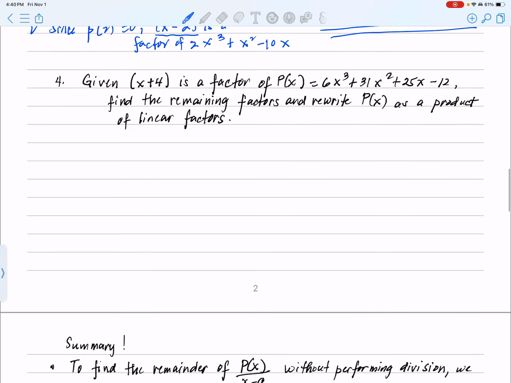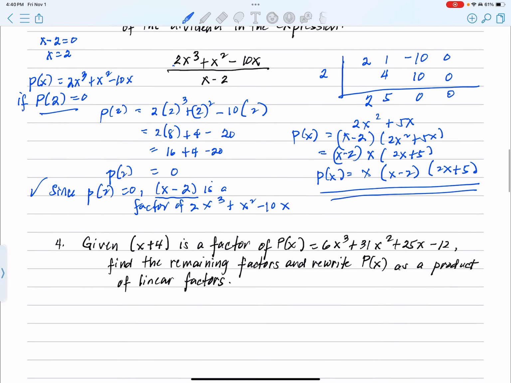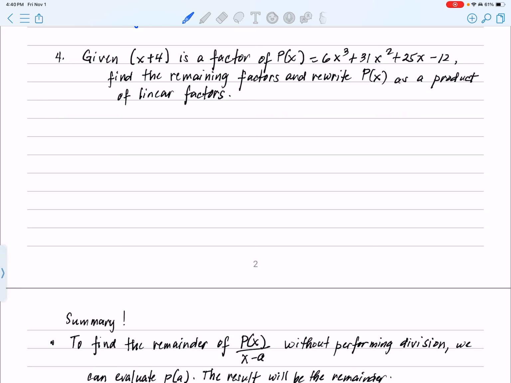We have shown using the factor theorem in question number 3 how to find out whether it is a factor or not. Here it says x plus 4 is a factor.